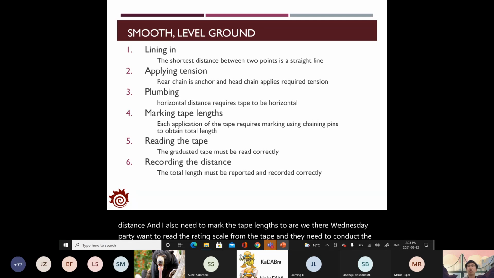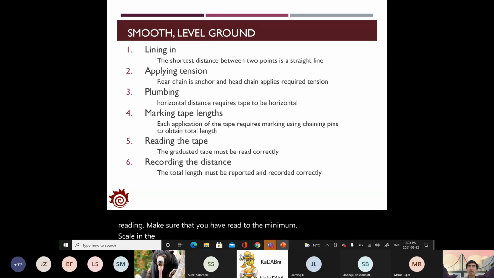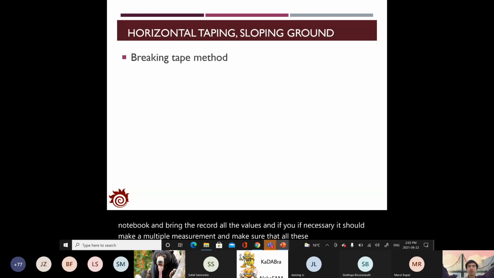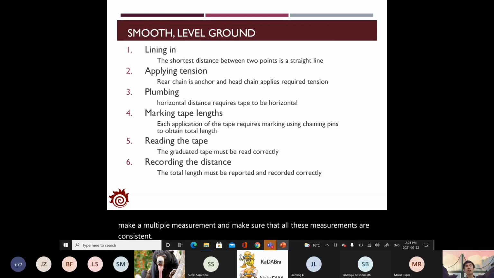Make sure that you read to the minimum scale on the tape, and also include some uncertainty or precision in your final recording. After that, record it in your field notebook, recording all the values. And if necessary, you should make multiple measurements, and make sure that all these measurements are consistent.